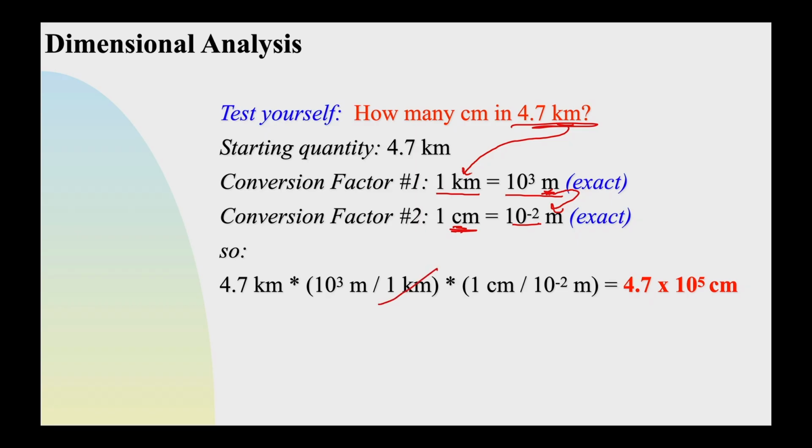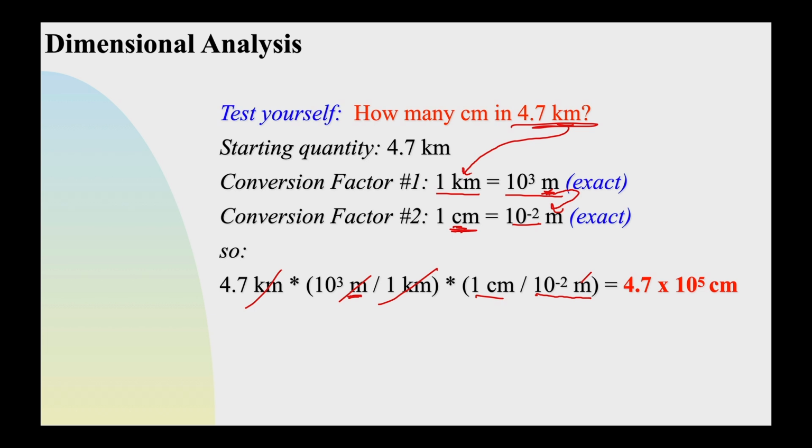This kilometer on the top and bottom cancel out, so we have just meters left over. But again, we want centimeters. So then I'll put 10 to the minus 2 meters on the bottom and 1 centimeter on the top. Meters cancel out. I've got just centimeters. 4.7 times 10 to the 5th centimeters is the final answer.